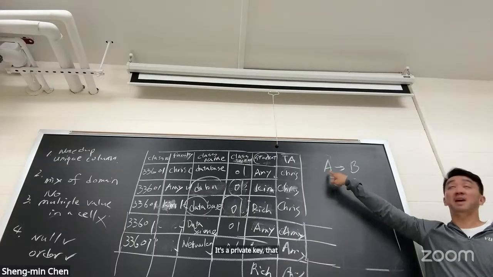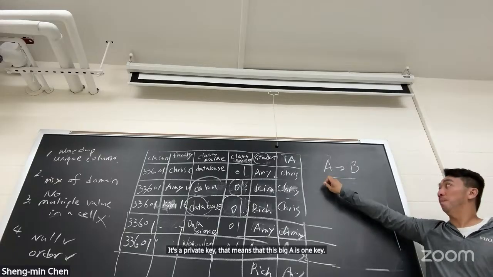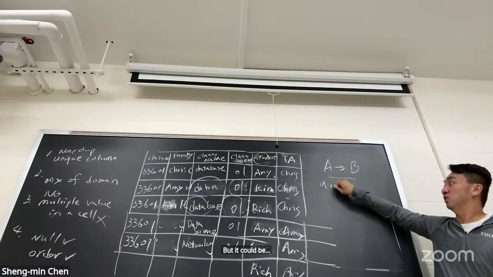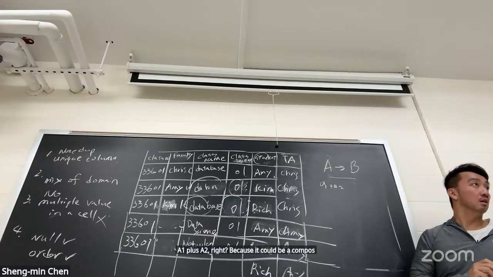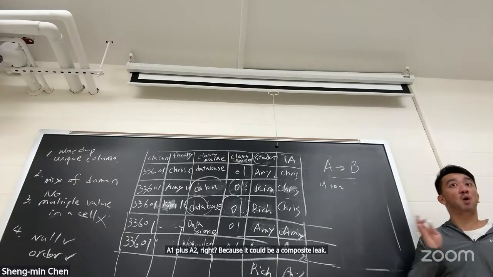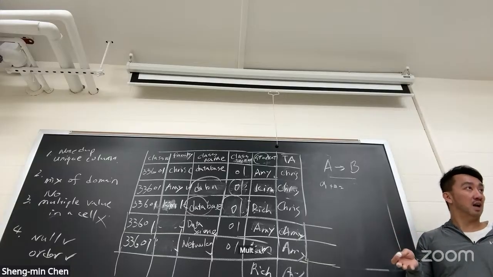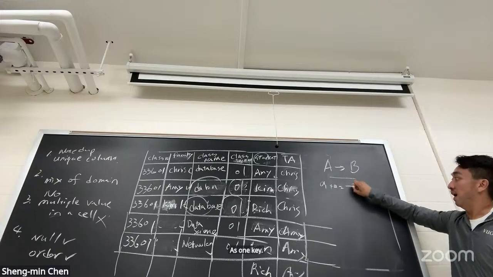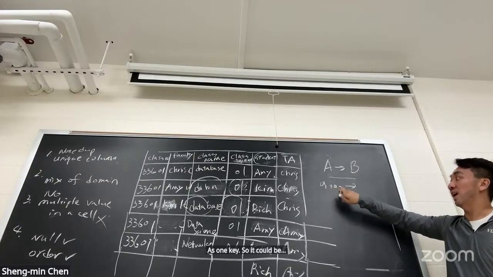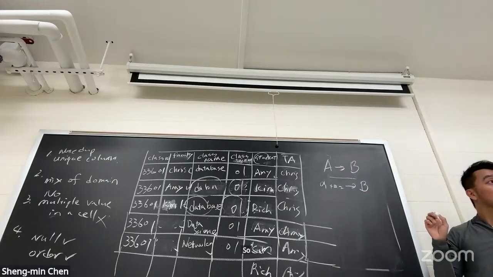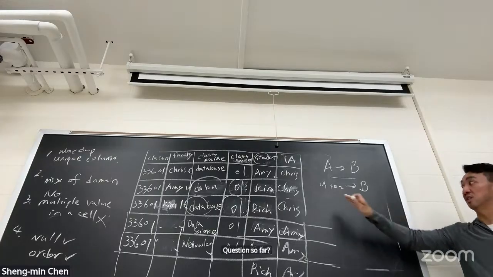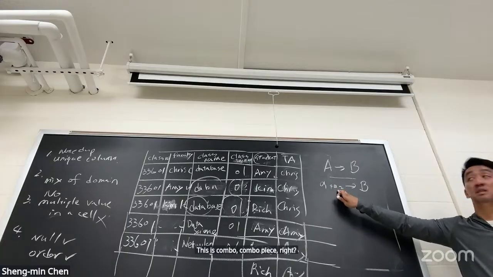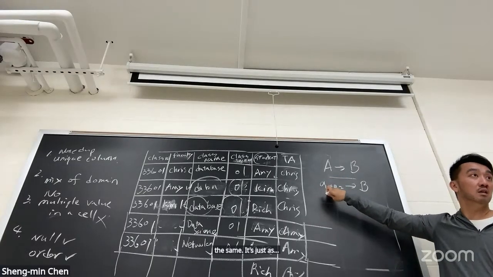That means that this big A is 1 key, but it could be A1 plus A2, right? Because it could be a composite key. Because primary key can be multiple columns, correct? As 1 key. So it could be A1 plus A2, therefore B. Question so far? This is combo keys, right? The same. It's just key, non-key.